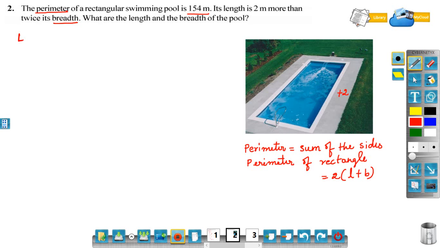So let the breadth be x. Here let the breadth be x. Its length is 2 meter more than twice its breadth. Twice its breadth means 2 into x, that is 2x.